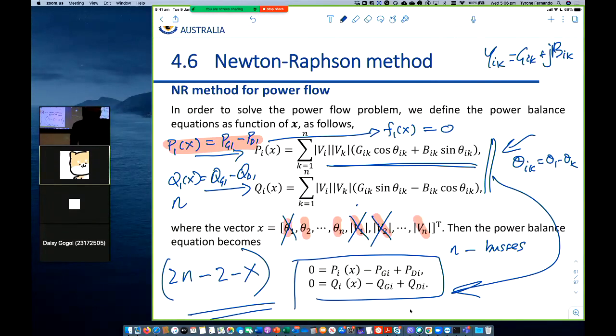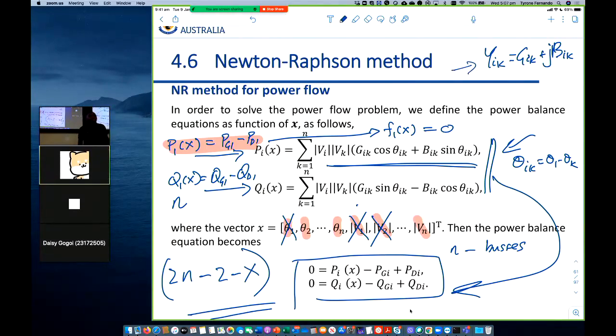Those are the power flowing in the lines of the network, right? Because we are multiplying the voltages by the admittance values, elements of the admittance matrix, Y_ik.